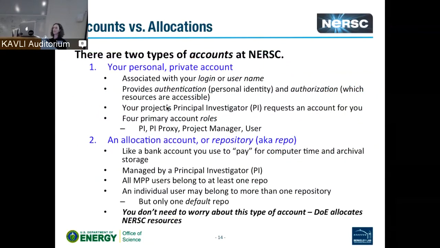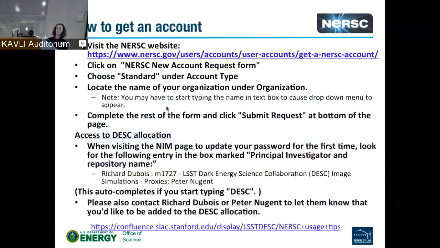So when you apply for an account at NERSC, this is what you specify. So it's pretty straightforward. You simply go to the NERSC website and fill out a form. And there's a couple of things that you need to specify, like the name of your organization, and then submit the account request, and you'll receive an email with your login information.